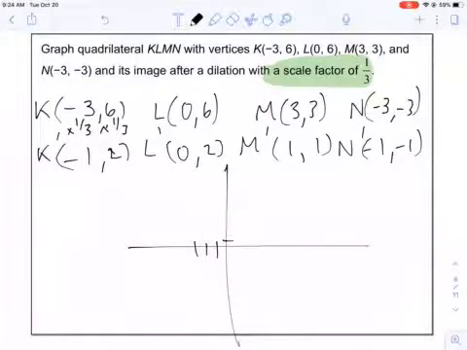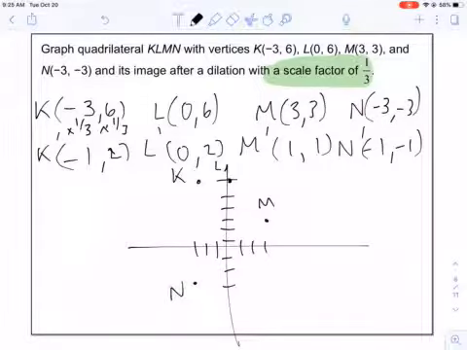So we've got (-3, 6), (0, 6), (3, 3), and (-3, -3). So there's our original.